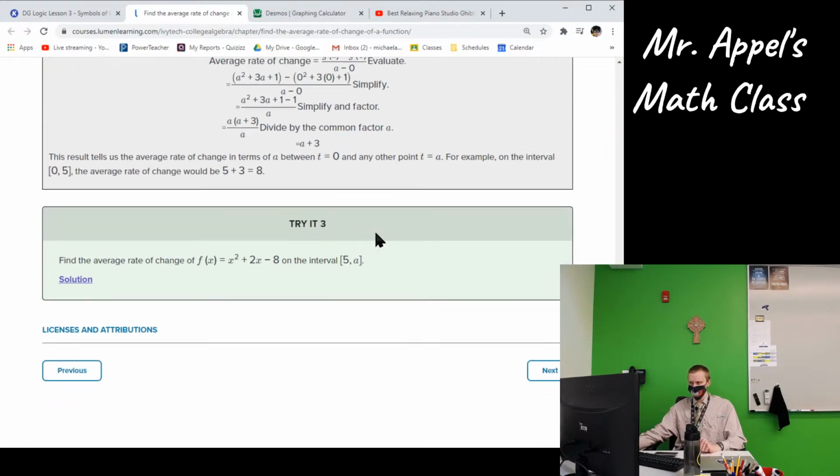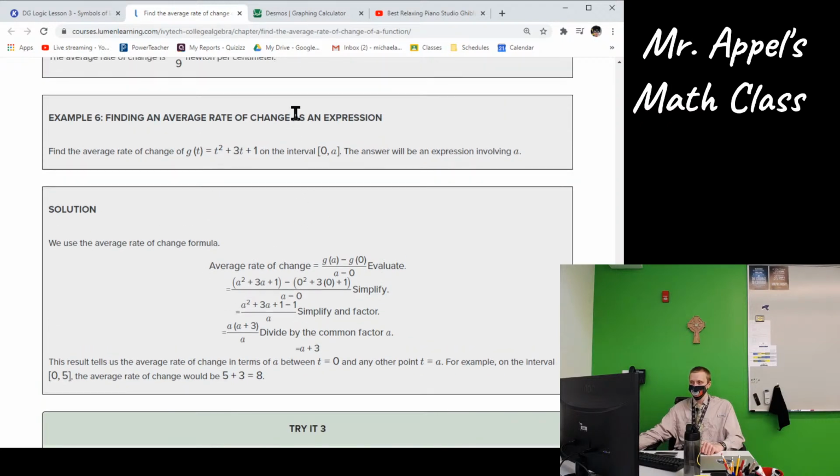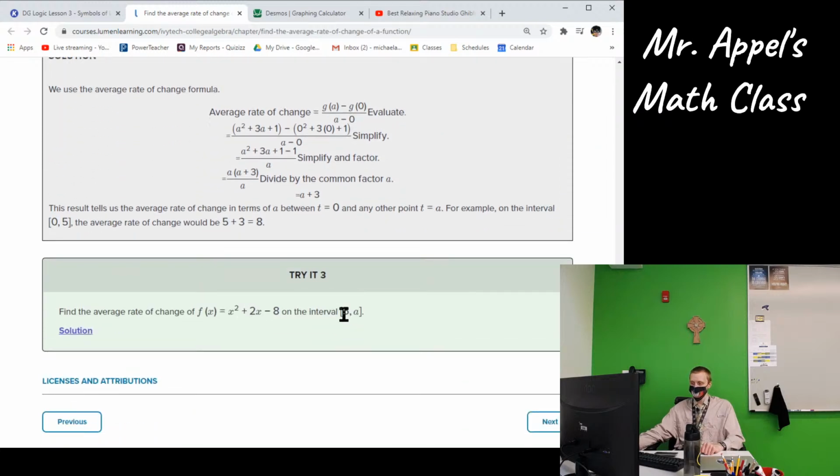And then number 3 is where it gets tricky. I want you to practice finding the average rate of change as an expression. Notice here, try it number 3 says, on the interval from 5 to A. That's not a number. I can't plug in and find a value for that. True, you're not going to find a value for that.